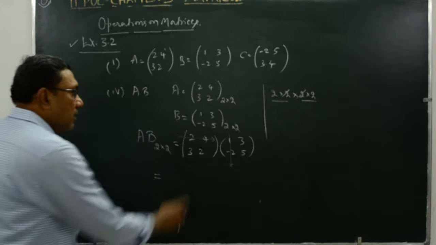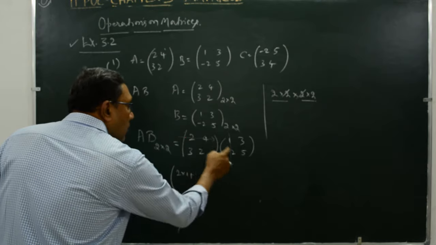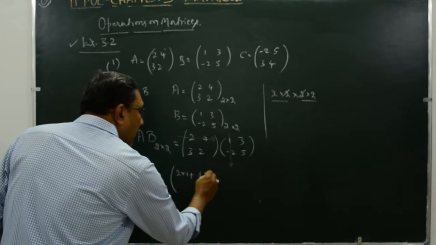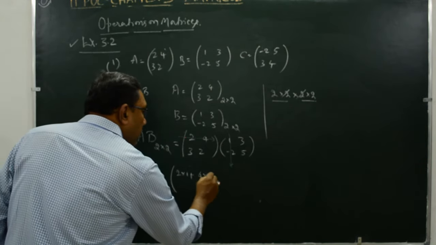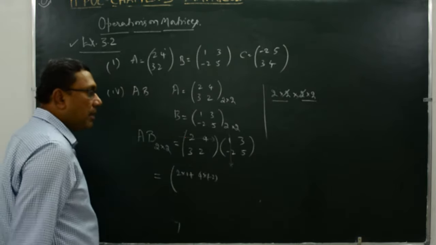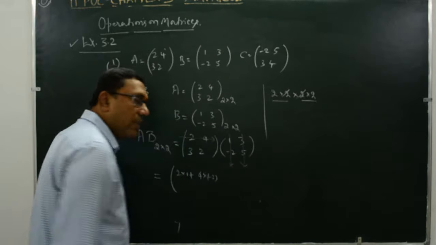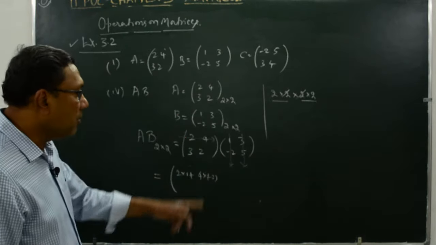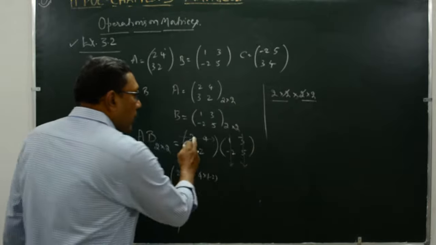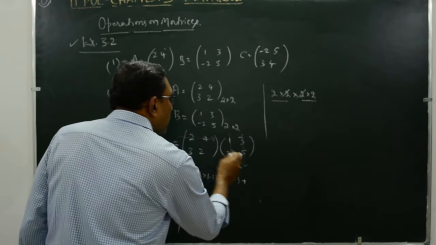So 2 into 1 plus 4 into minus 2. This is the first element of the matrix. Similarly, take the first row and overlap it on the second column of matrix B. What do we get? 2 into 3 plus 4 into 5.